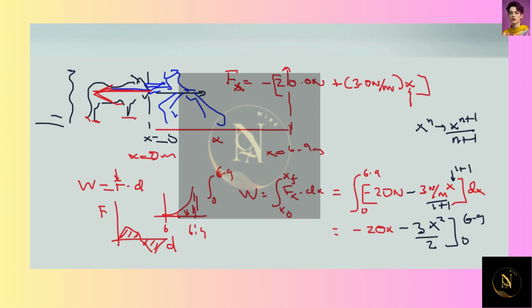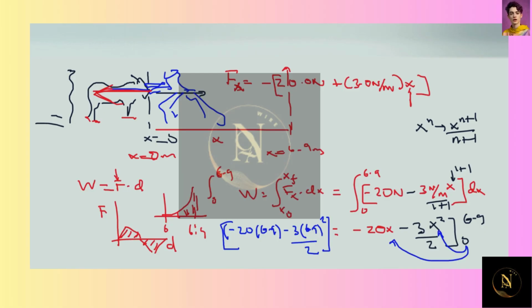So we can plug in these numbers. We get negative 20 times 6.9 minus 3 times 6.9 squared, all over 2. We don't need the second part of integration, because remember, if you plug in 0 to that and 0 to that, you're just going to get 0.